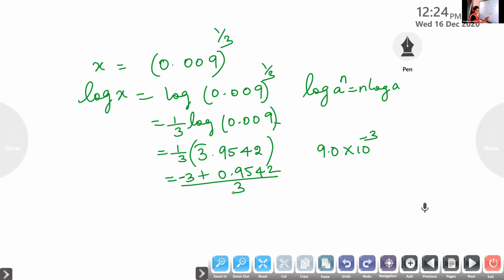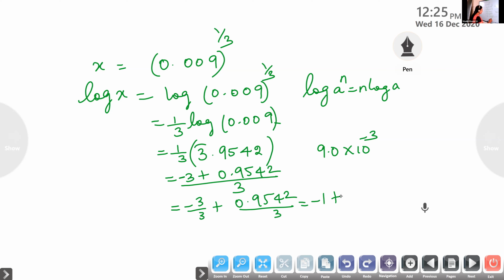So when you divide it by 3, this is minus 3 by 3 plus 0.9542 by 3. What is minus 3 by 3? It is minus 1.